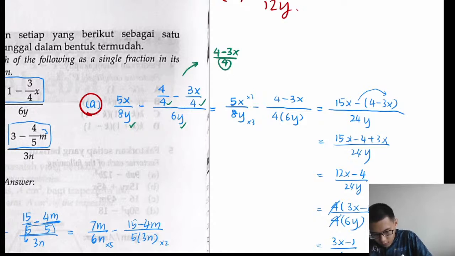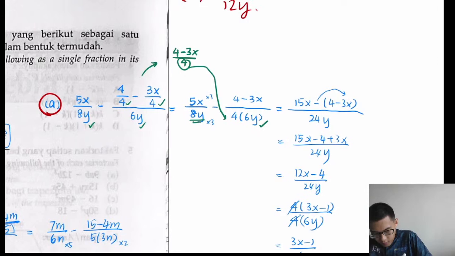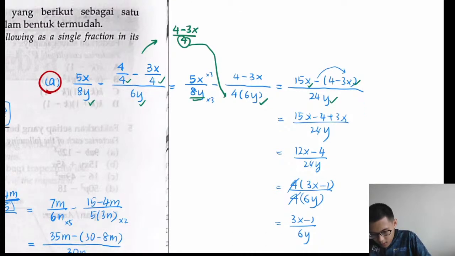The 4 we can use as a denominator. So we have 4 times 6y, yeah. And then 4 minus 3x, yeah. So to make the denominators the same, we have times 3, yeah. Okay, so we have 15x, minus this one, yeah, correct. Since this is negative, negative becomes positive, so it's correct.